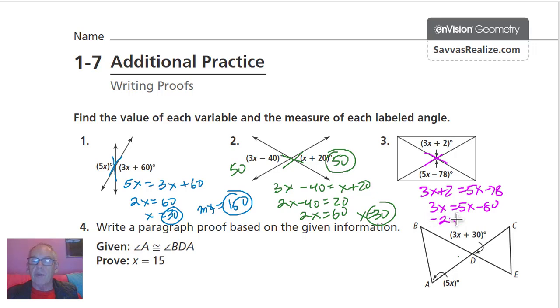Minus 2x equals minus 80. Divide by negative 2. x is going to be 40. Now if x is 40, then 3 times 40 plus 2 is going to be 122. And we could do 5 times 40, which is 200, take away 78, and that's also going to be 122. So the measure of those angles is 122.